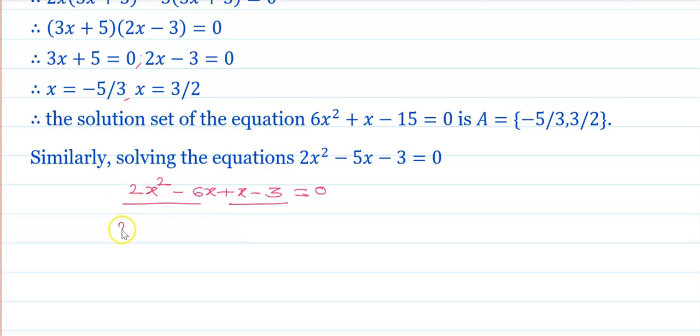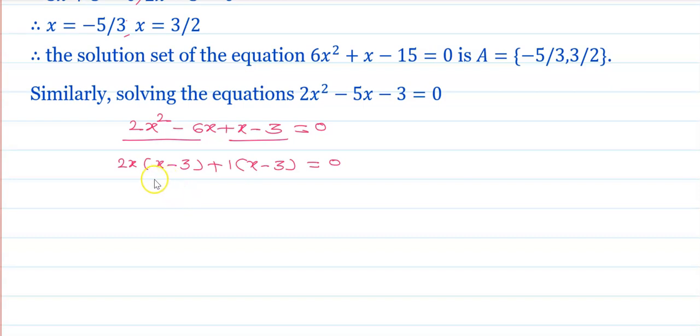From these, 2x is common, so in the bracket (x - 3), and from the rest 1 is common, in the bracket (x - 3), equals 0. Again, (x - 3) is common, and in the bracket you get (2x + 1) = 0.